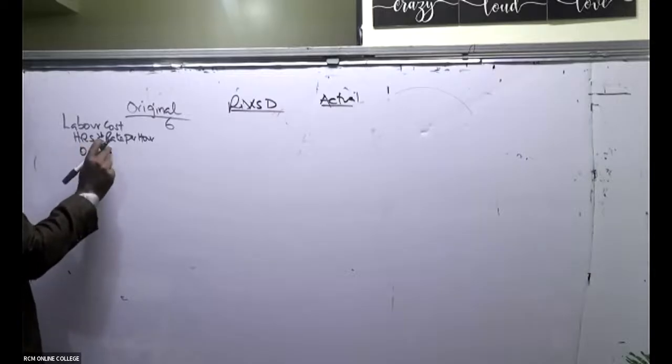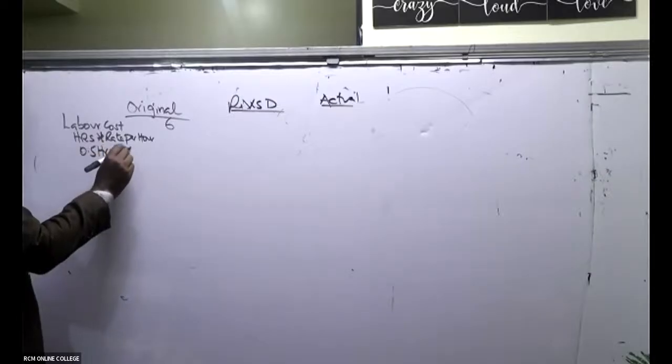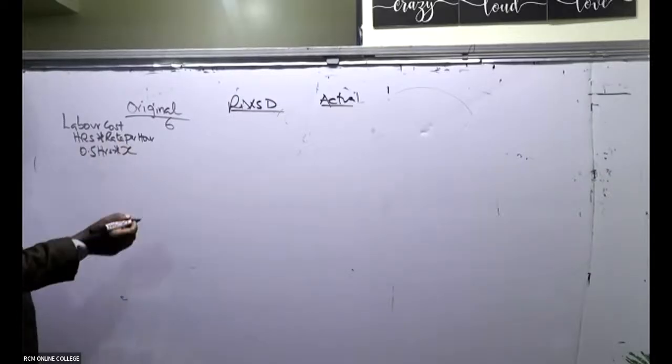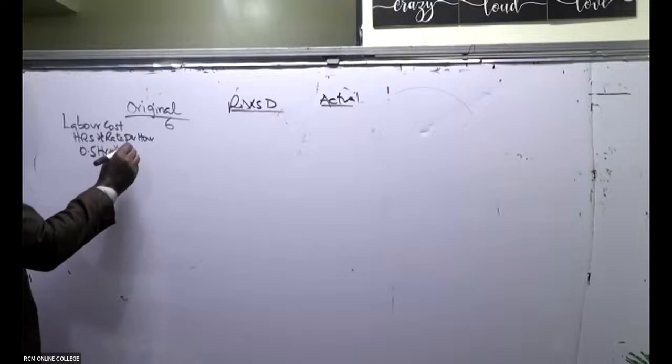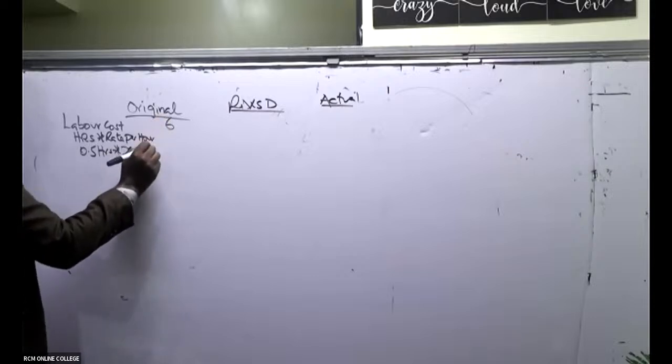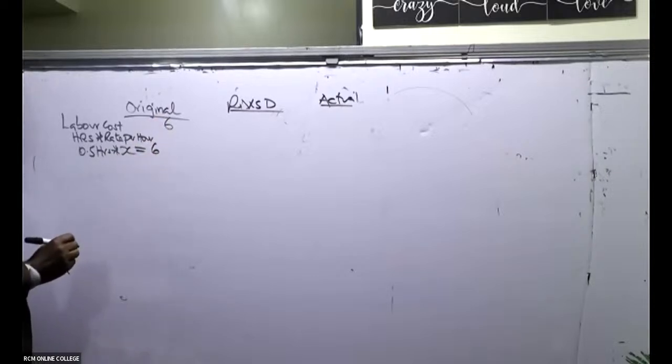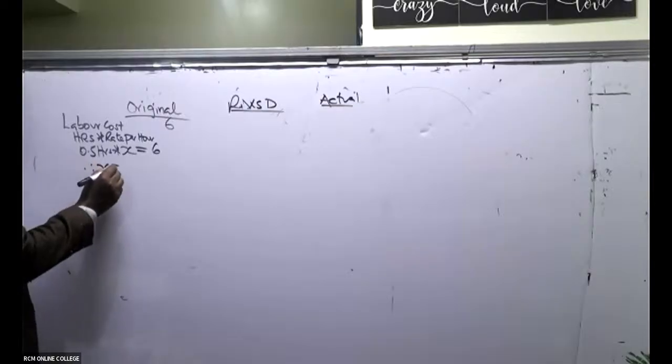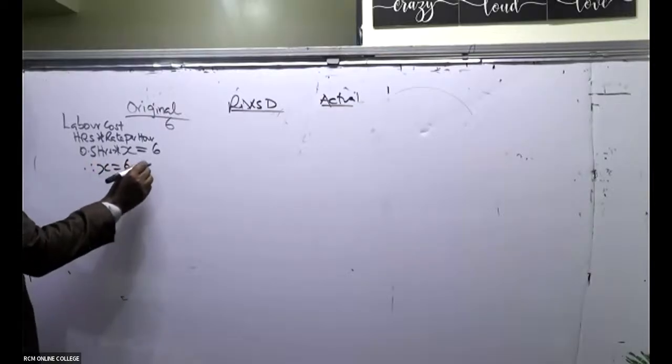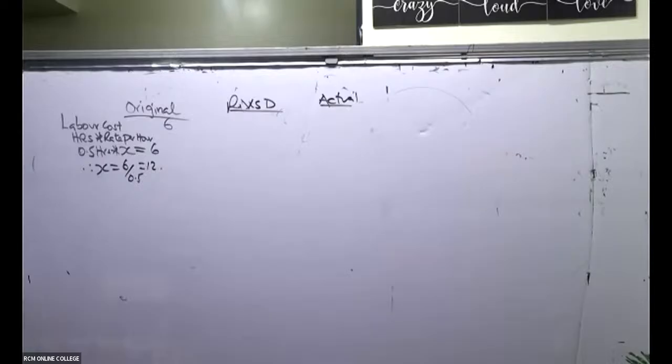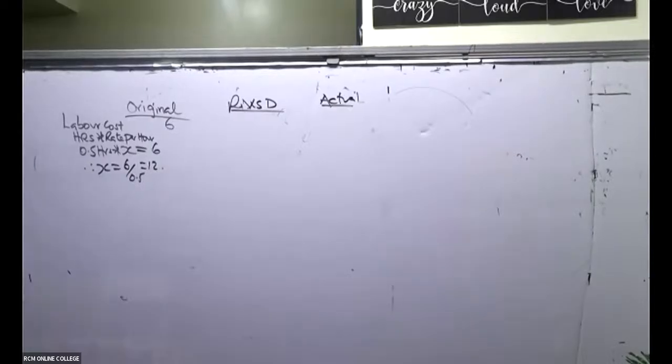So half an hour times a rate which we do not know. Call this rate X. It should be equal to this 6 here, meaning that our X will be 6 divided by 0.5, which will give me 12.